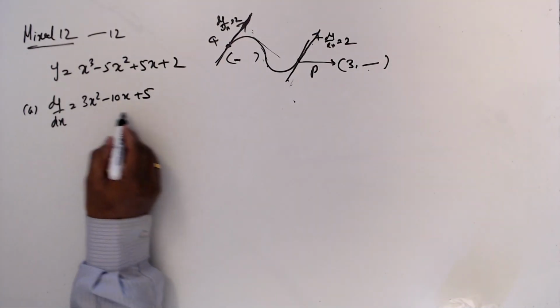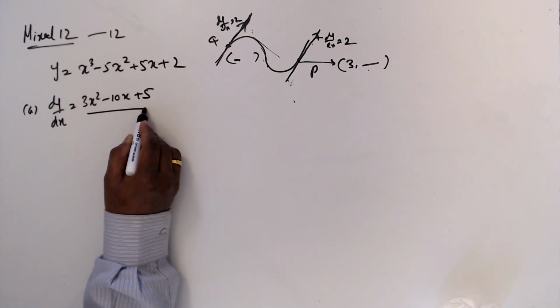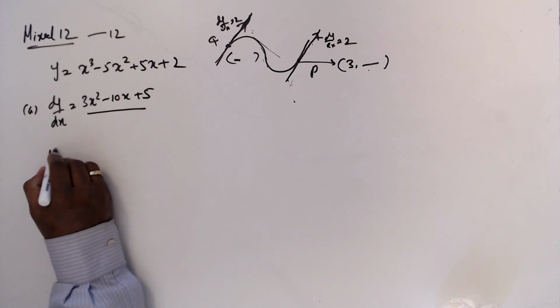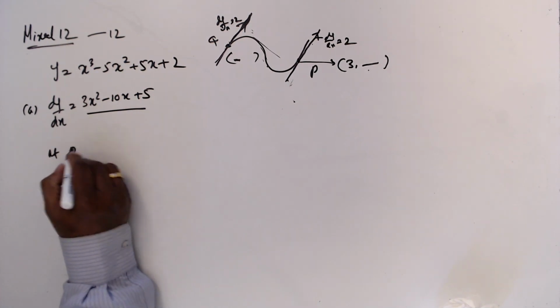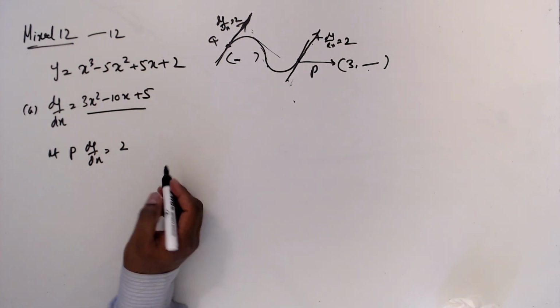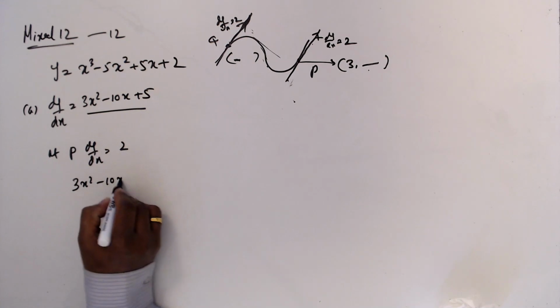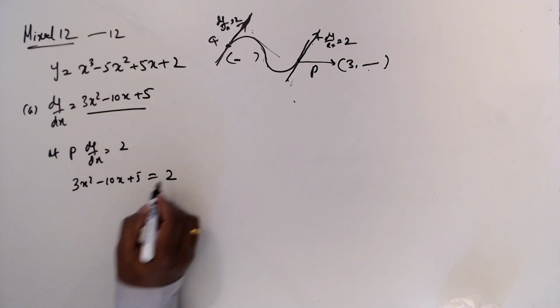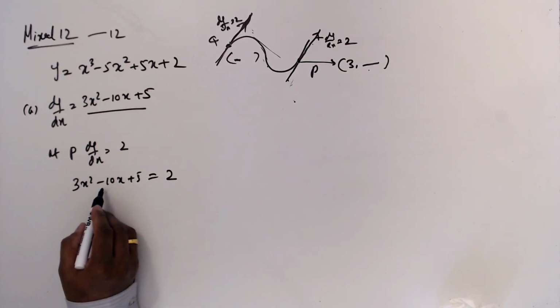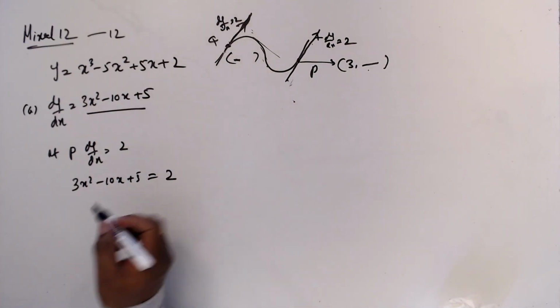We'll make dy by dx equal to 2: 3x squared minus 10x plus 5 equals 2. Now we can see there are two answers. One is this one and the other one should be this one.